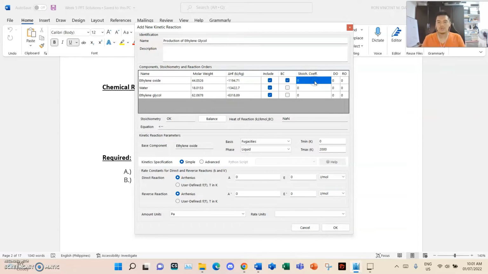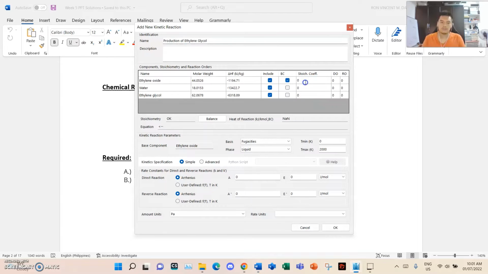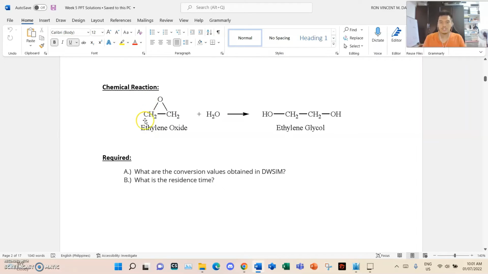And stoichiometric coefficient. Whenever a compound is a reactant in the reaction, we put it as a negative value. When it is a product, we put it as a positive value. So the stoichiometric coefficient of ethylene oxide is -1. Why -1? It's because there's no coefficient here, so we put 1 if there is no number at the side.